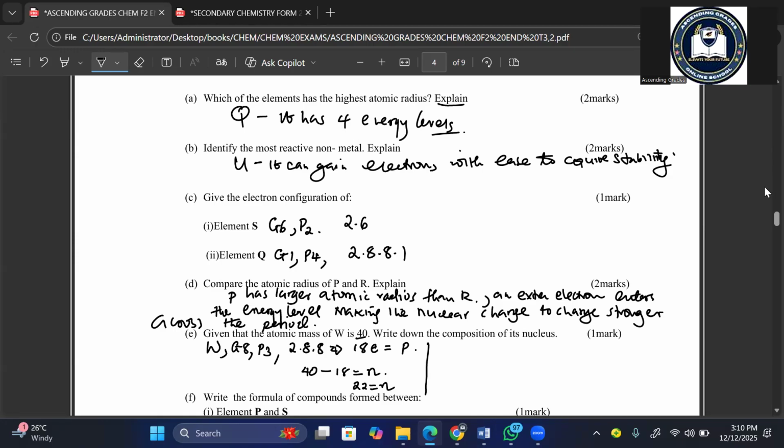So we have 18 protons and 22 neutrons. If you have to draw the nucleus, you shall say we have 18 protons and 22 neutrons.